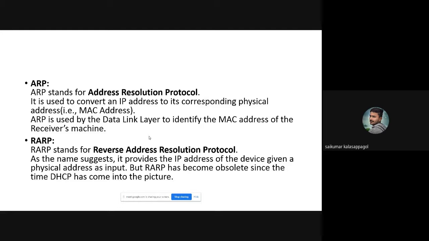OSI seven layers. How to remember them? Please do not trust salesperson advice. That's how I remember. You can also use the same trick or some other trick if you want.